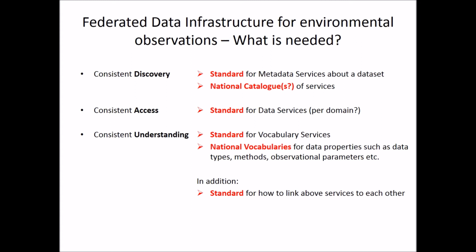And digging in more detail, we saw that in order to enable discovery, we need an agency to take responsibility for metadata services standards about the dataset, which includes, by the way, training and help for data providers, and auditing services, providing feedback to data providers on how they fare in terms of complying with that standard. Related to this, we also need national catalogs and registries of services. Think telephone books, where I can find across different agencies what information is there.